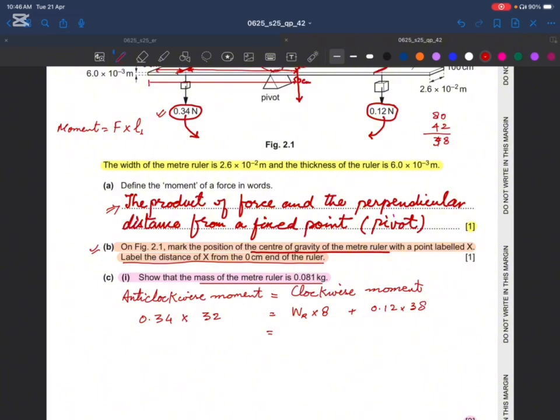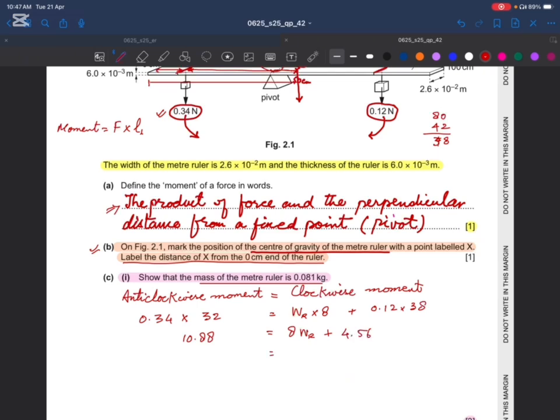Here you have the situation that the weight is how much, you calculate and find out. So 0.34 multiplied by 32 is 10.88. Over here you have 8 WR plus 0.12 multiplied by 38. This is giving you 4.56.